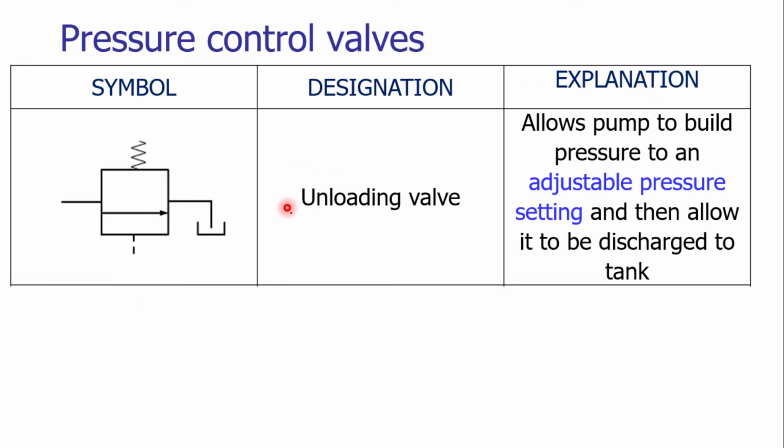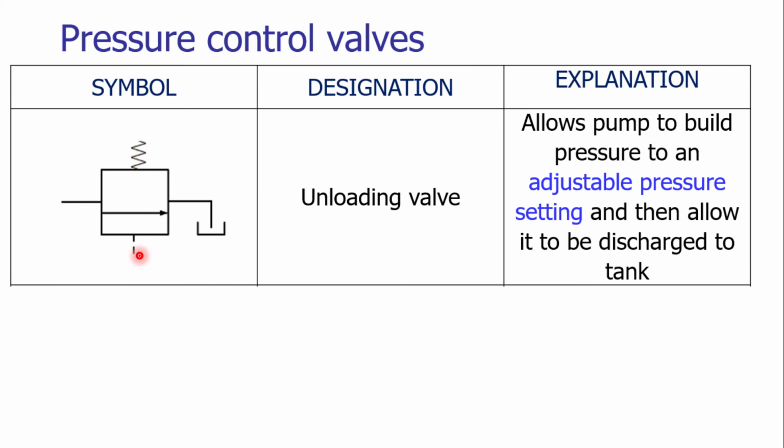The unloading valve, which we have seen in our previous lecture, can be represented by using a square and a fluid flow line. By default, the unloading valve is closed. The closed valve, due to the spring action, is represented by a spring, a zigzag line over here.